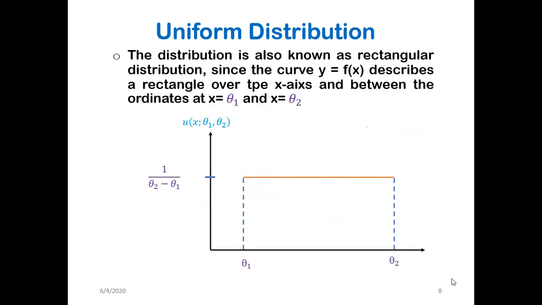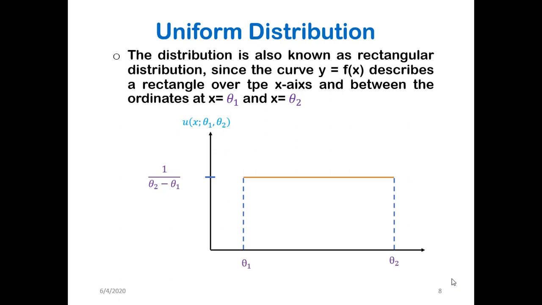Next, we have our value here, our probability, which is 1 over theta 2 minus theta 1. And you can see the horizontal line, it looks something like yellow. Now that is horizontal, meaning the probability is uniform, or constant, throughout the given interval, which is theta 1 to theta 2.